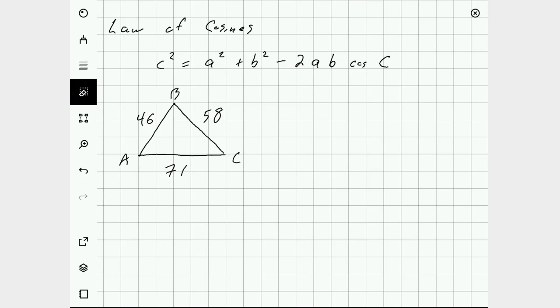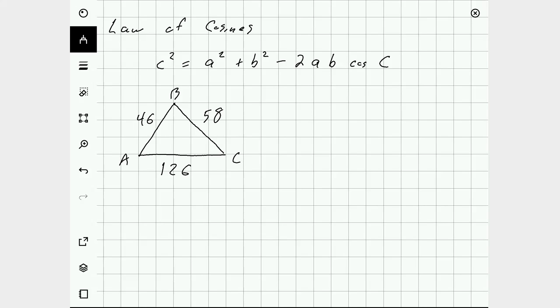But before I solve it, let's change this slightly and say that that bottom value was, instead of 71, let's make that 126. Thinking about this spatially, to go from A to C is 126, say, inches. Or you could take the long route of going up to B and then from B down to C. And that's 46 plus 58, which is 104 inches.